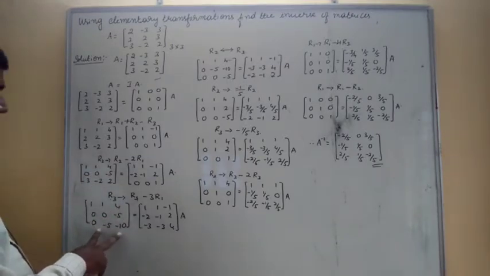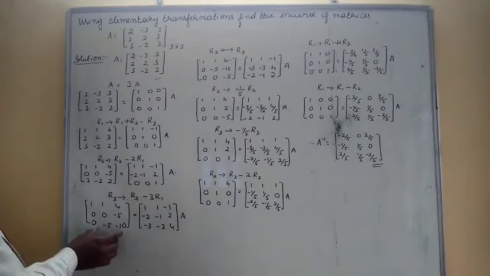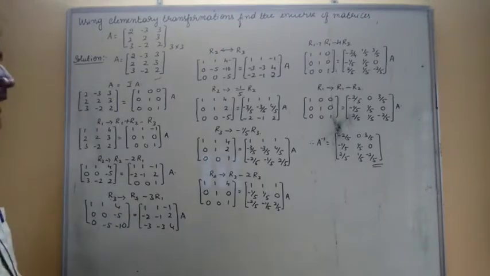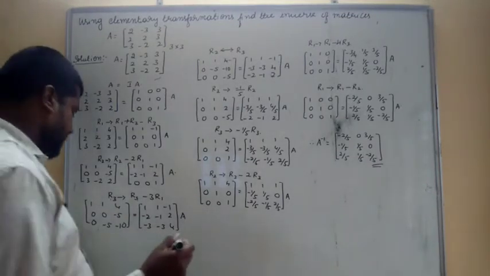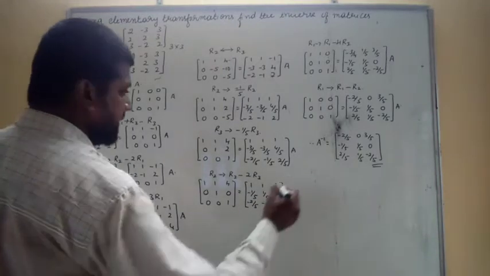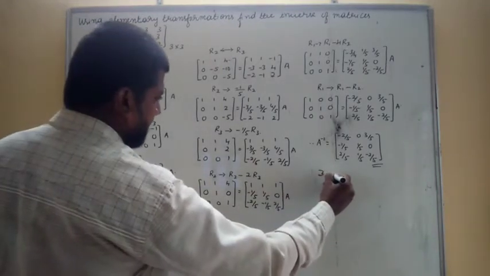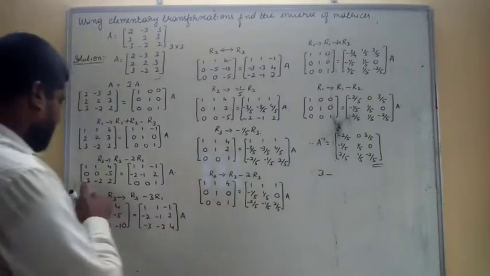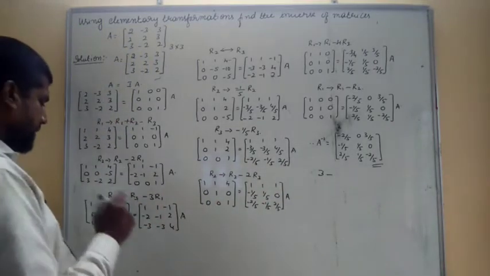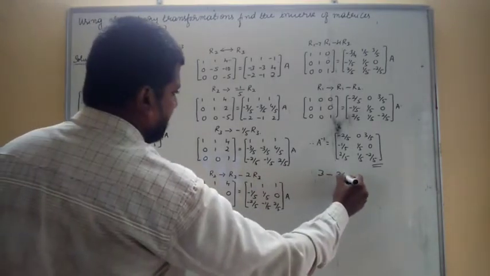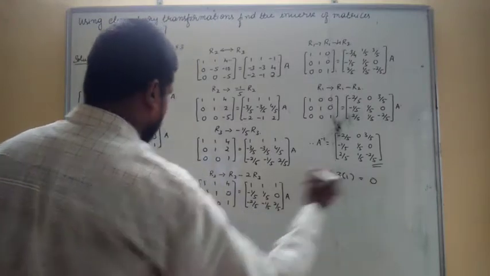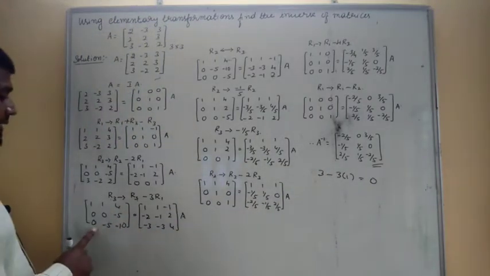Next our intention is to change row 3. So row 3 first element is 0 minus 3 of 1. 3 of 1 means you are getting 0. You are getting 0 here.